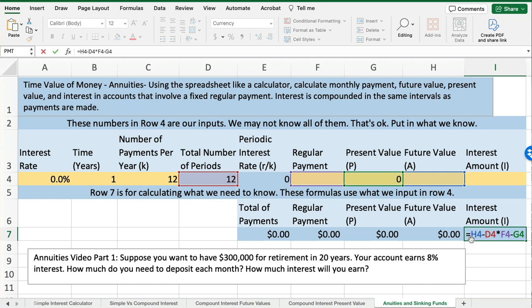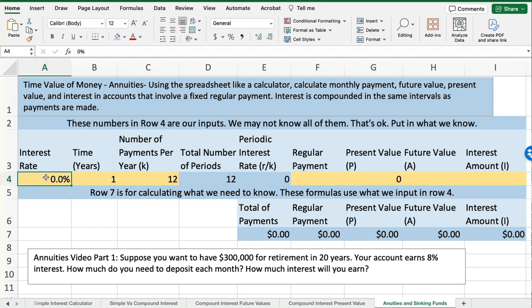So that's equals H4 minus D4 times F4 minus G4. So that's that thing in the middle there. That's the total of all of our payments, because you take your regular payment amount and you multiply it by the number of payments, which is the number of periods. And that gives you all of the payments that you make. So that has to be subtracted, because that cannot count towards interest. That's not part of our interest. That's part of what we're putting in. Okay?